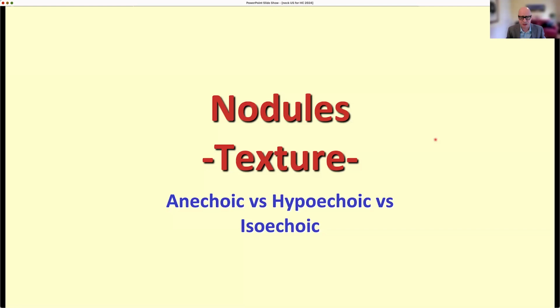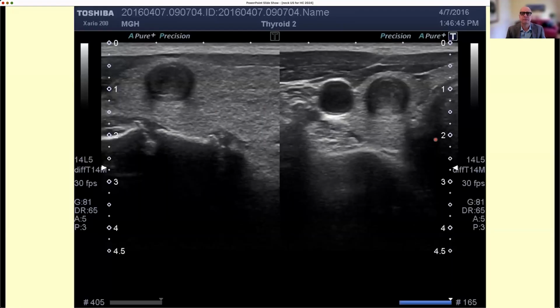So we'll start with the texture, and we distinguish an anechoic versus hypoechoic versus isoechoic texture. So this is a nodule that is darker than the surrounding normal thyroid tissue. So that's what we call hypoechoic, okay? Is it anechoic? No, it's not anechoic, because you can see some echoes are being generated inside the nodule.